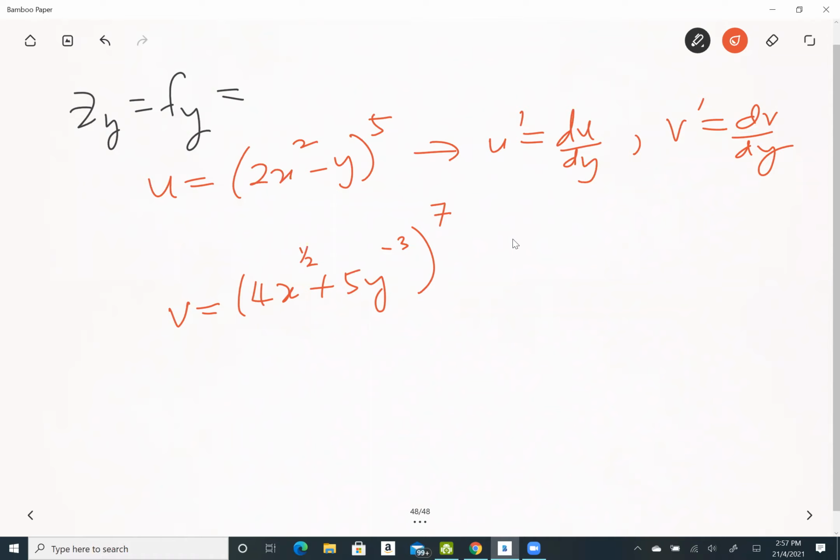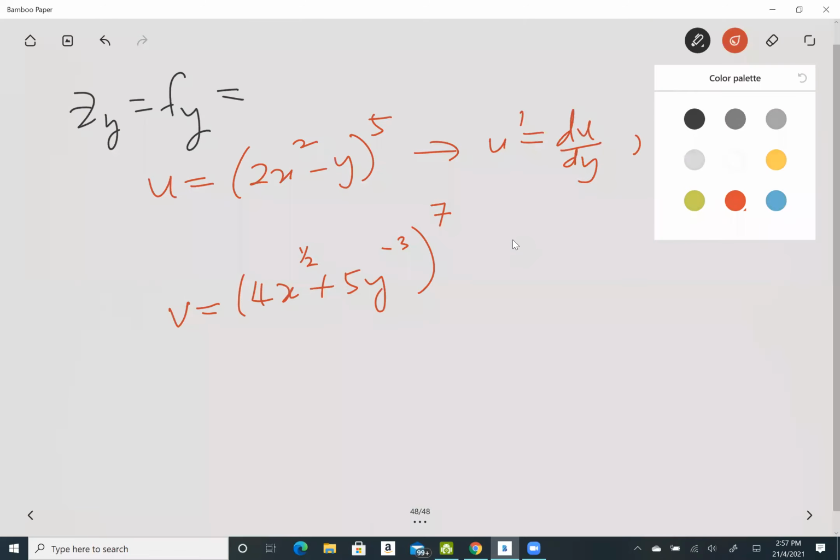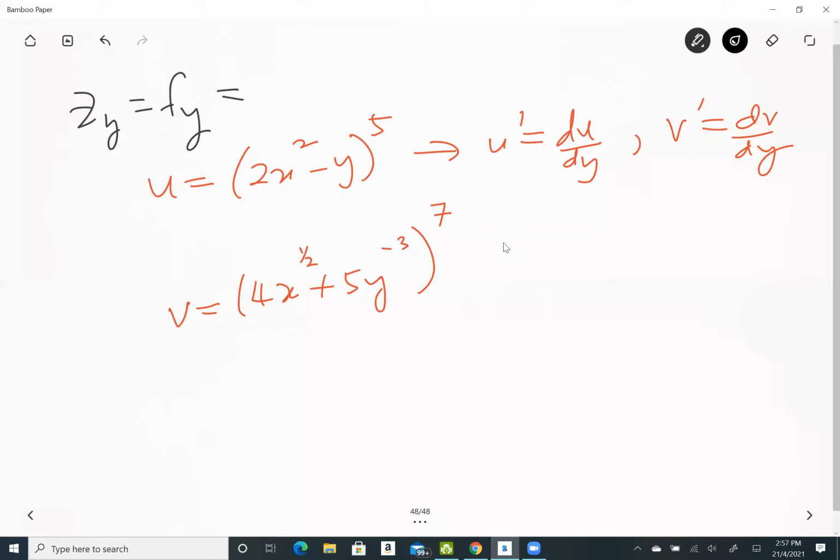Okay, got it? What is u prime? Remember, the prime is the derivative of u with respect to y. What do you get? The first part, no problem. Everything is the same. You bring down the power, reduce the power by 1, so you got power 4.